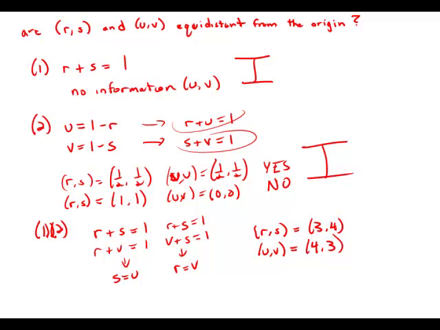Well, such a point is a reflection over the line y equals x, but such a point is always going to have exactly the same distance from the origin, because if you go out an x distance of 3 and then a y distance of 4, that's going to put you the same distance away from the origin as if you go out an x distance of 4 and then a y distance of 3. Geometrically, it's basically the same triangle rotated, but the hypotenuse would still be the same.